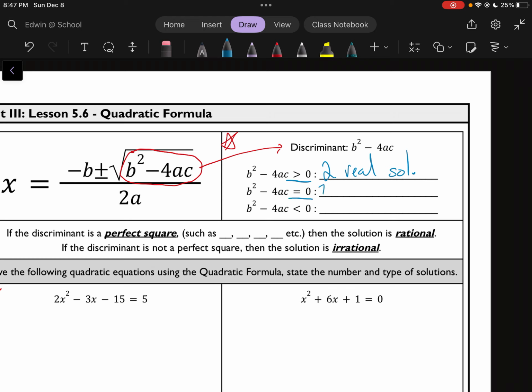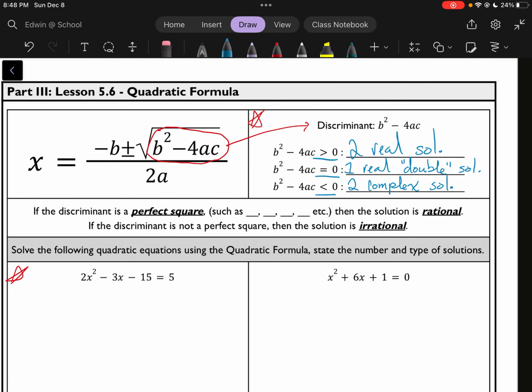If we get a value that's equal to 0, that means we're going to have 1 real, and in parentheses I'm going to use the word double solution. And if it's less than 0, it's going to be 2 complex solutions. So 0 real solutions, but 2 complex solutions.